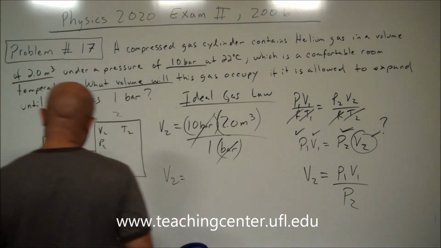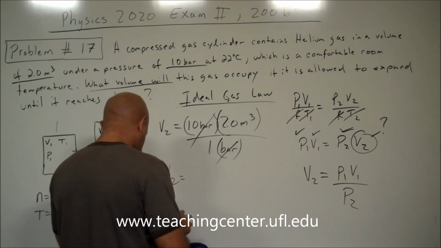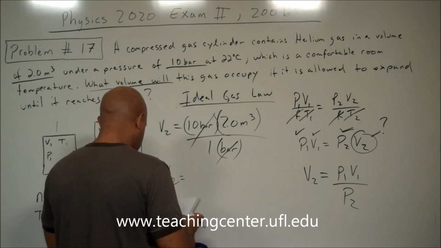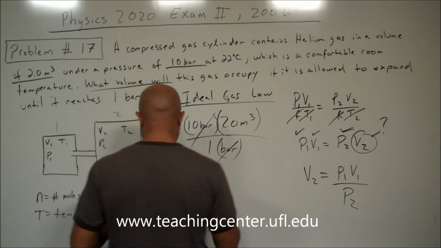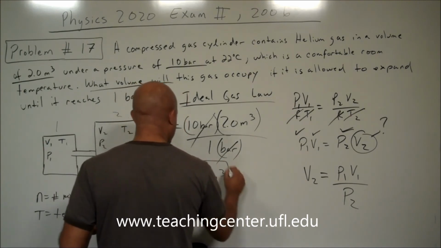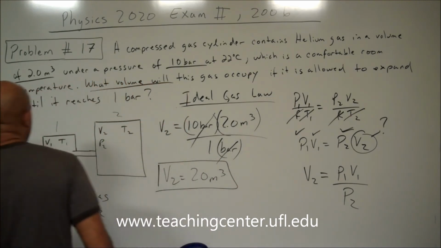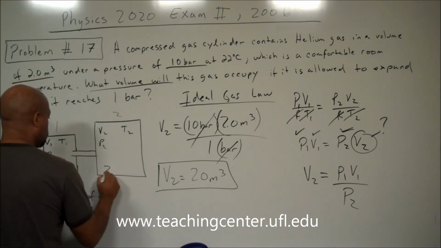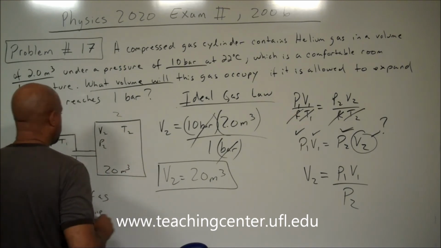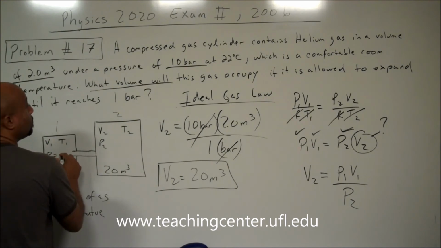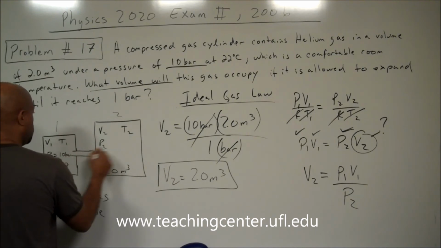When we calculate this, we get 20 meters cubed. So in this problem, the volume went from 2.0 meters cubed to 20 meters cubed if we allow the pressure to go from 10 bars to 1 bar.